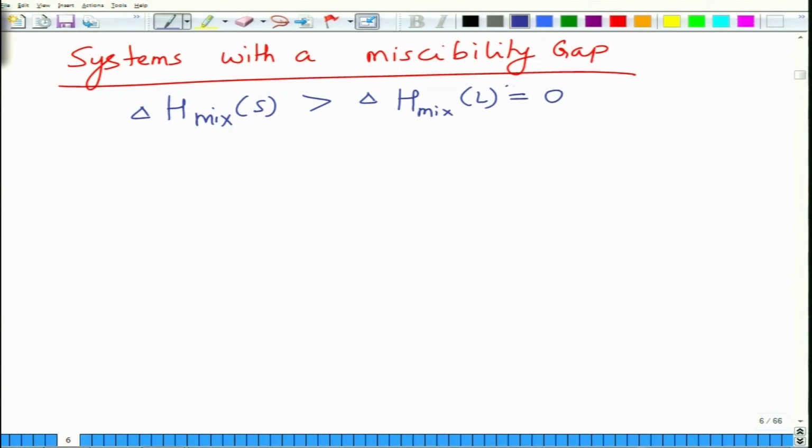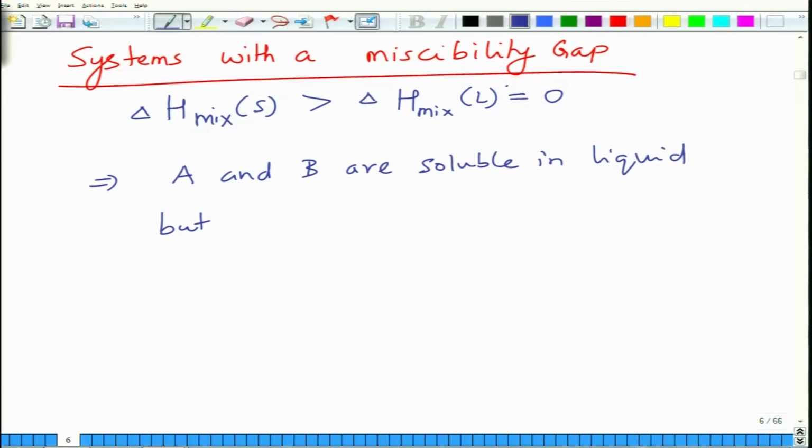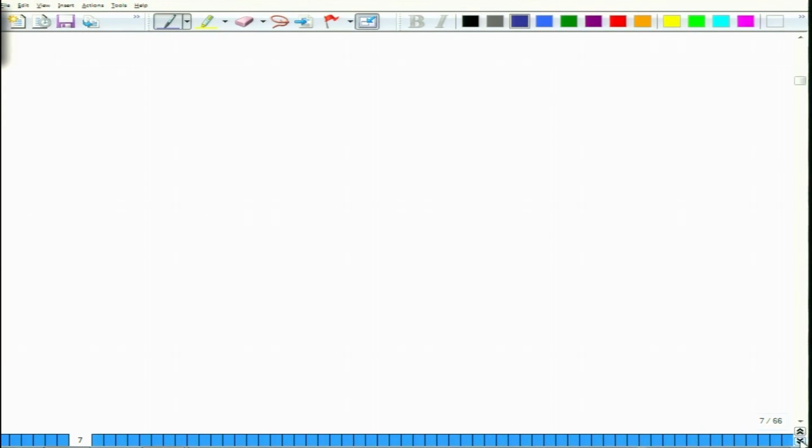So basically A and B are soluble in the liquid phase, but may not be in the solid state. So I will not spend too much time on it.